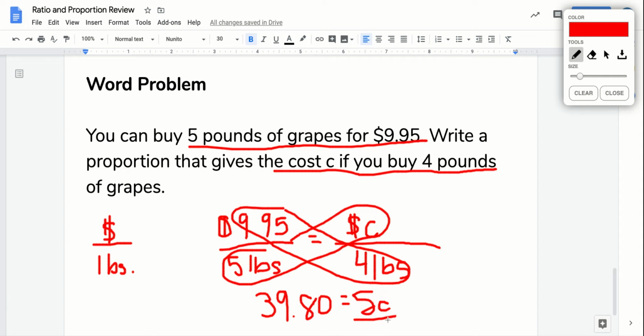Remember we're going to divide by 5 to get C. So I have $39.80 divided by 5, and that gets me C equals $7.96, because I'm using my word problem. I'm looking for cost, $7.96.